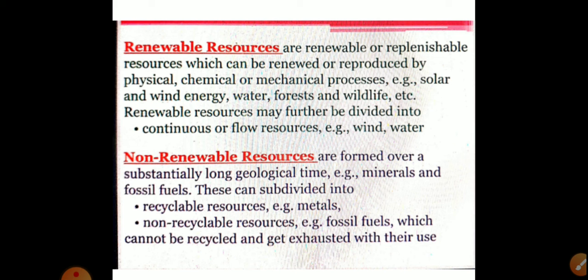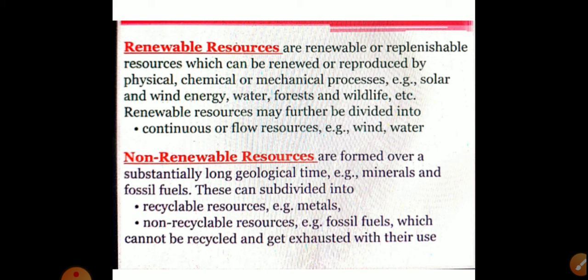They are divided into recyclable and non-recyclable resources. For example, metals and fossil fuels are all examples of non-renewable resources. However, metals are recyclable, but fossil fuels are non-recyclable. So all these will become non-renewable resources.